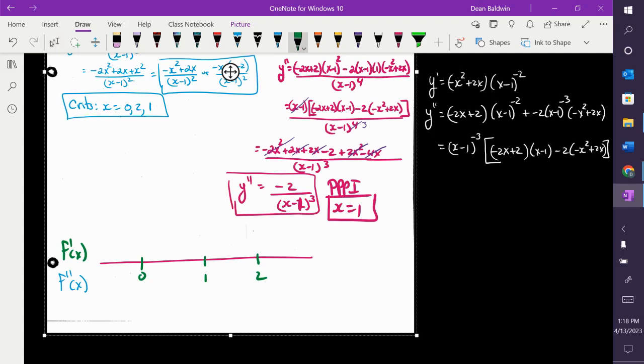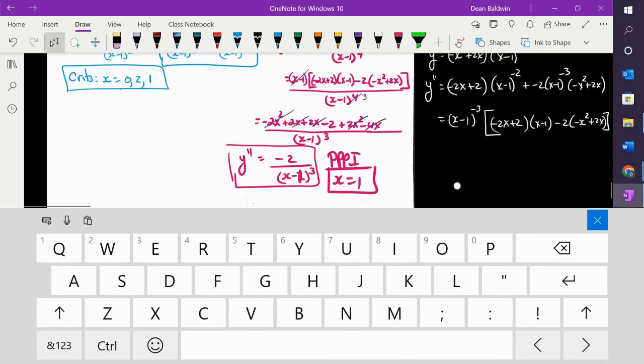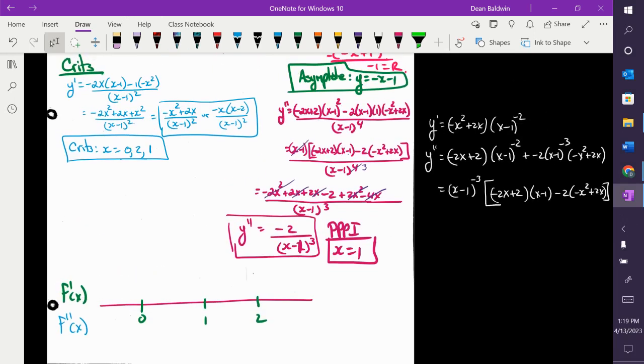On the interval from negative infinity, way out here, to 0, I need a point. You can pick any point you want. What would be a nice easy point? -1. We're putting it into the first derivative. So first of all, is the bottom ever negative?